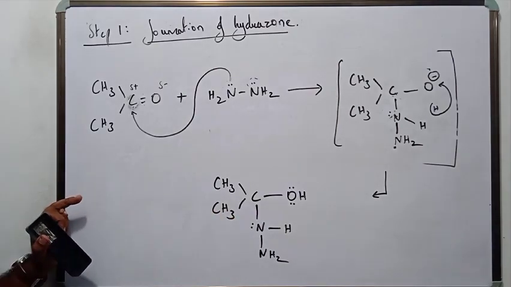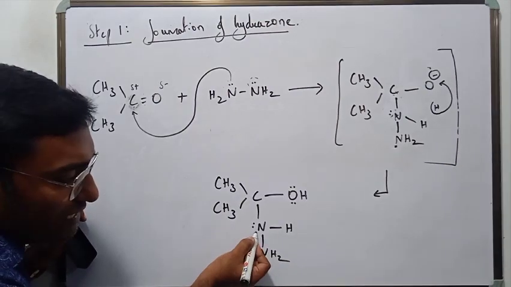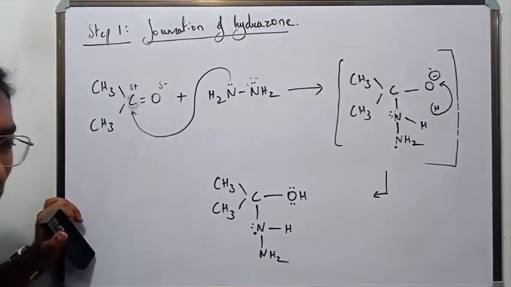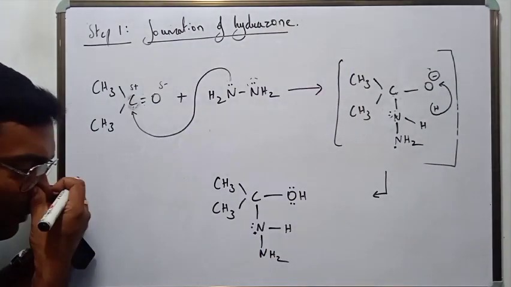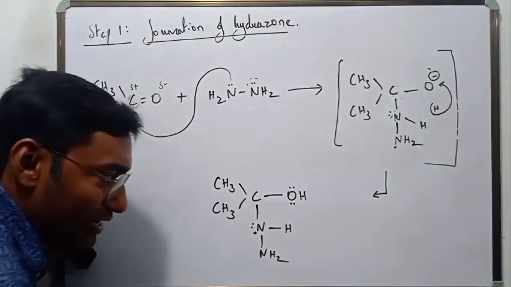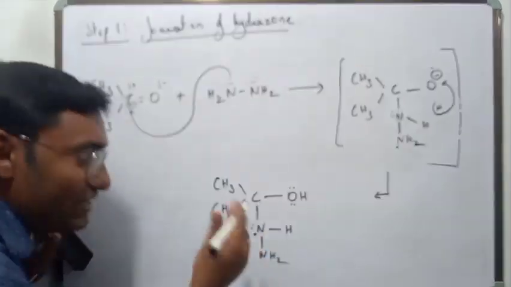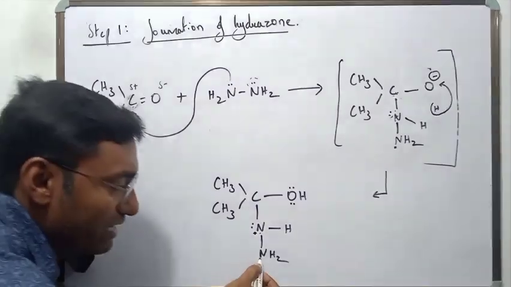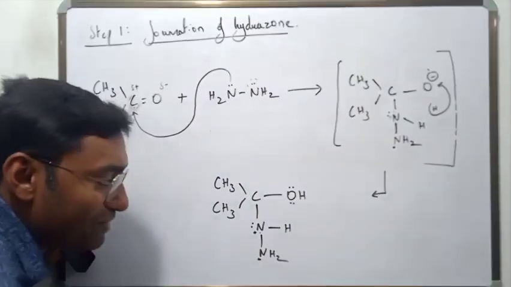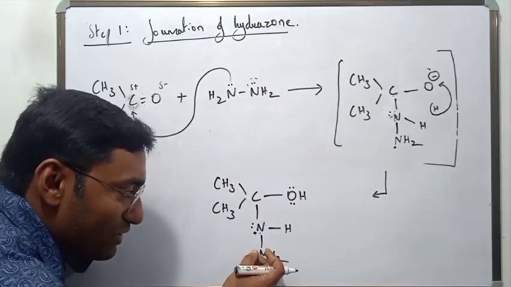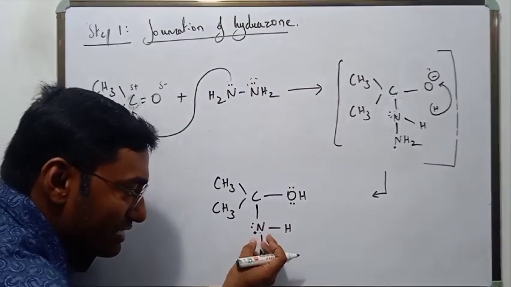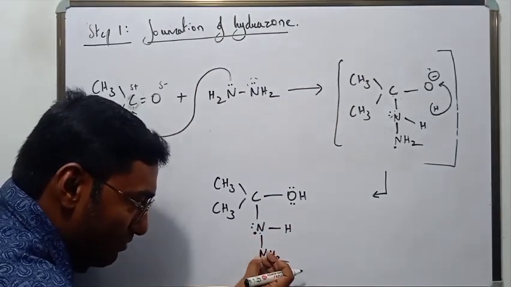Now we get a structure like this. Do you think this nitrogen's demand has been fulfilled? Totally no. There is still a problem. This nitrogen is electronegative, and its electronegativity is further enhanced by the presence of this nitrogen atom, which is also electronegative, so it has an electron pulling effect from downstairs.